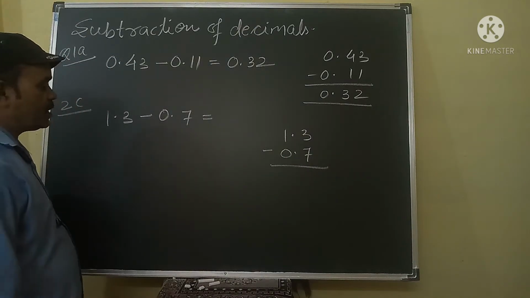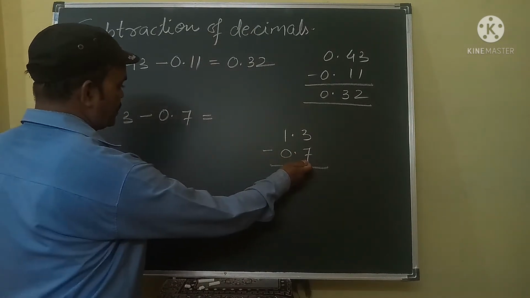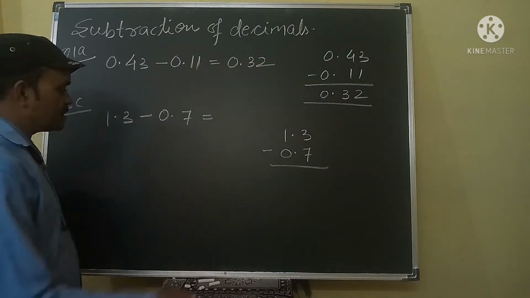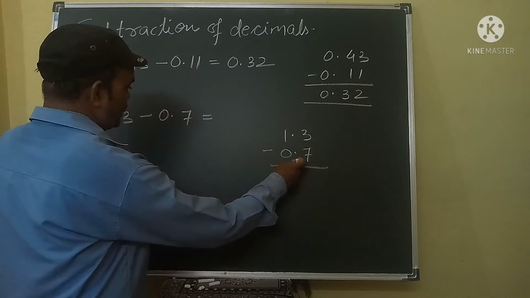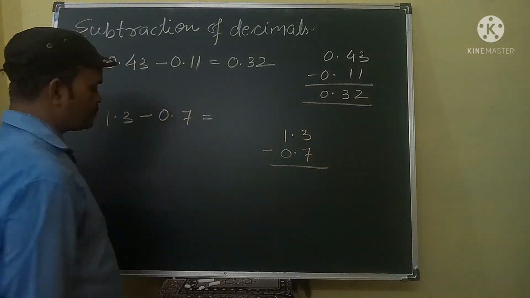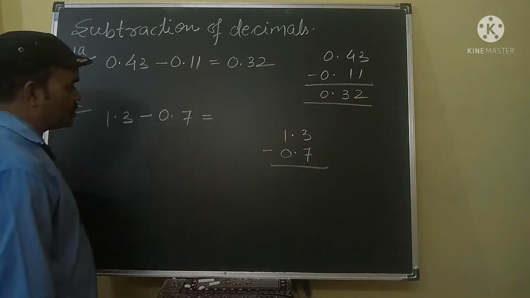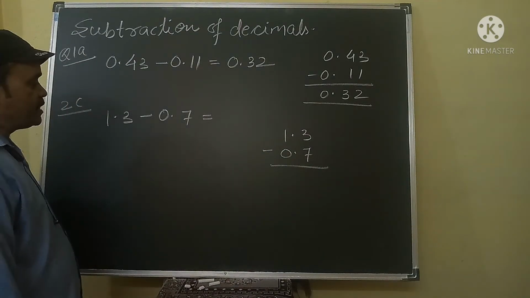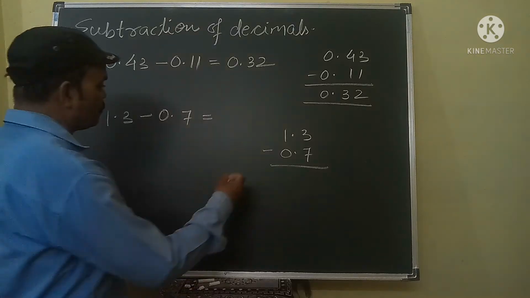My dear students, as you are looking, this is 7 and this is 3. As you know very well, 7 is the bigger number and 3 is the smaller number. That means we cannot subtract 7 from 3. So what will we do? We borrow one from 1.